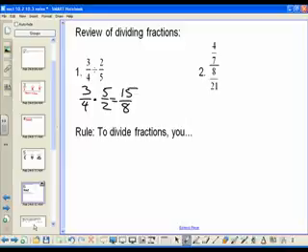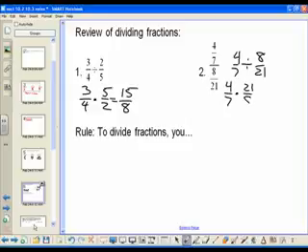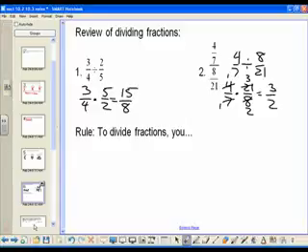Over here, I have 4/7 divided by 8/21, which becomes 4/7 times 21 over 8. Now this time I can simplify before I do that. And I get 3/2, like that.